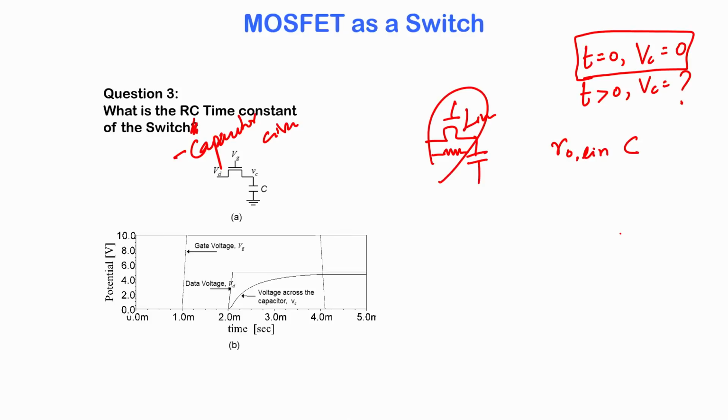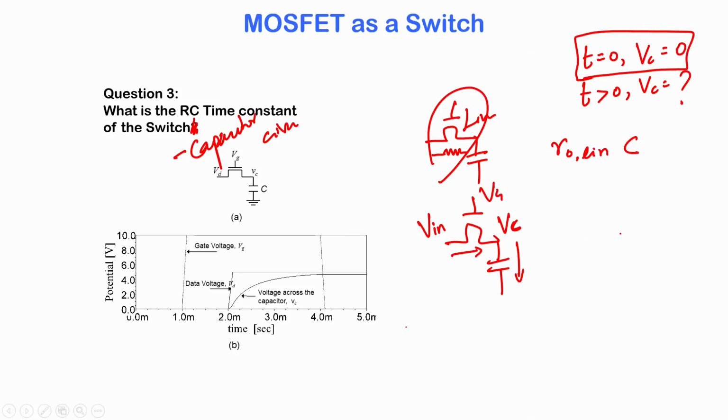Now, if somebody asks what the exact charging dynamics is, so do not linearize it. How do we go about it? We simply equate the current through the MOSFET to the current in the capacitor, taking into account the non-linearities of the MOSFET. Let us say that is the Vc, that is the input. What is the current through the MOSFET?